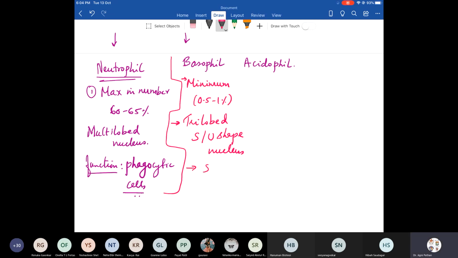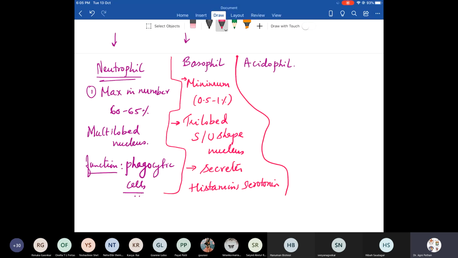They secrete histamine, serotonin. This is the function of basophil.